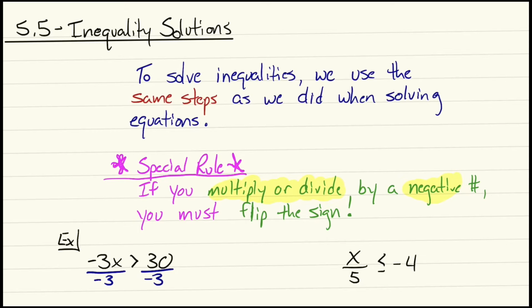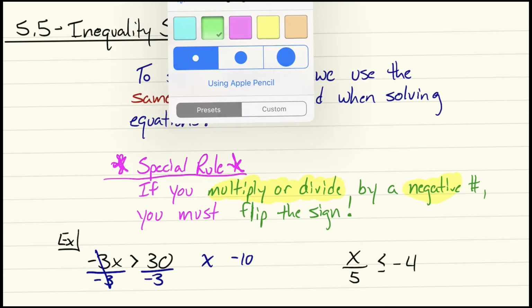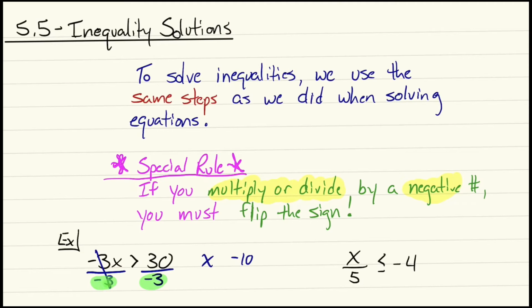On the left-hand side, the negative 3's cancel out, leaving us with x. x is greater than 30 divided by negative 3, which is negative 10. And now we notice that I've actually divided this problem by a negative number. Since I have divided by a negative number, my sign has to flip in the other direction.